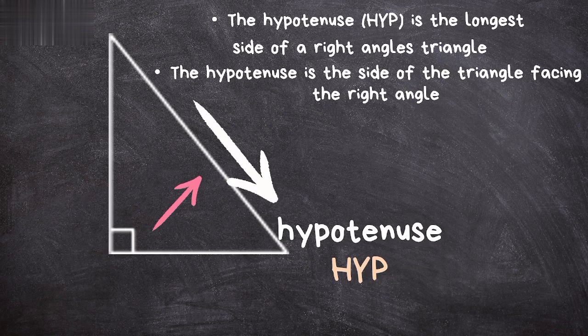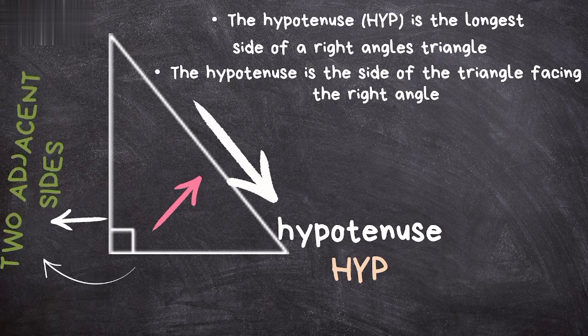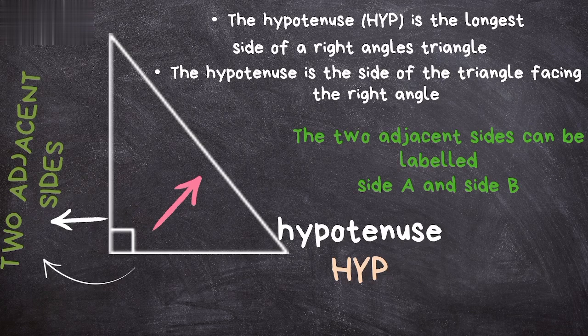Now, the two other sides of the triangle, we call the adjacent sides. So a right angle triangle is made up of three sides: the hypotenuse, which is the longest side, or the side facing the right angle, and the two adjacent sides. These two adjacent sides, we can identify as adjacent side A and adjacent side B. So we can just say side A and side B. Now we have known how to identify the sides or label our triangle.